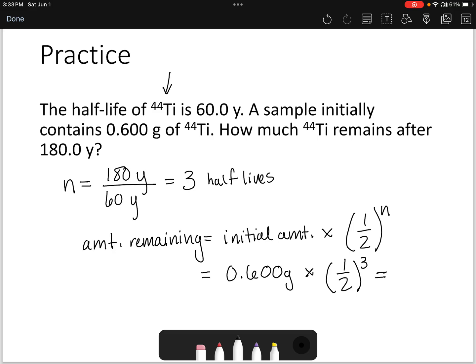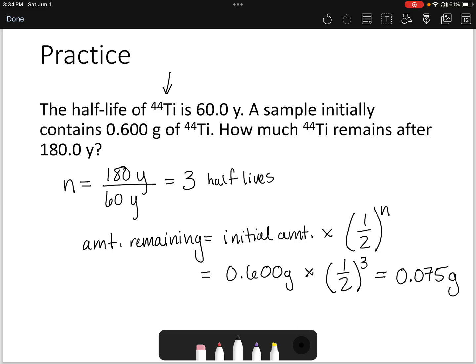All right. So when I plugged that into my calculator, I got a value of 0.075 grams. So there's still a little bit left of that isotope, so it's going to take a long time for that isotope to completely decay.